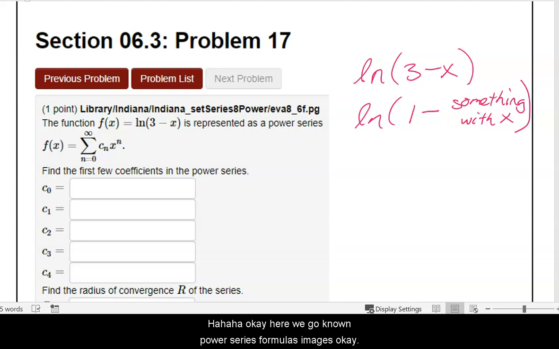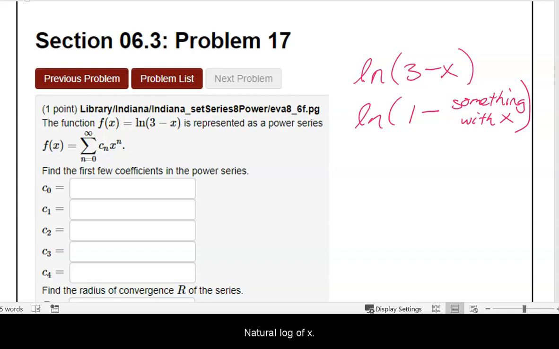Known power series formulas. Images. Okay. Let's start. I'm looking for natural log. Let me put in natural log and see if that one will pop up.